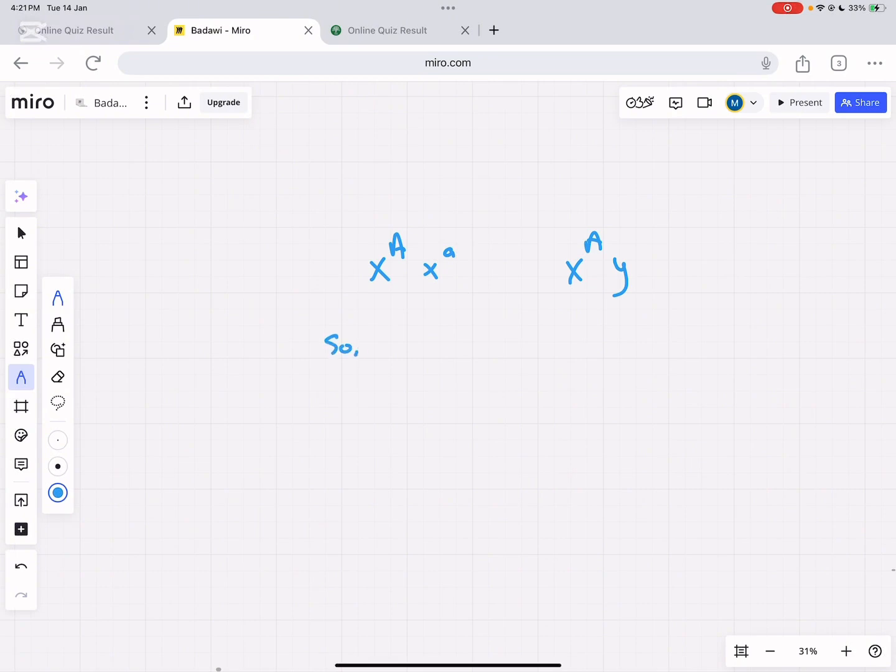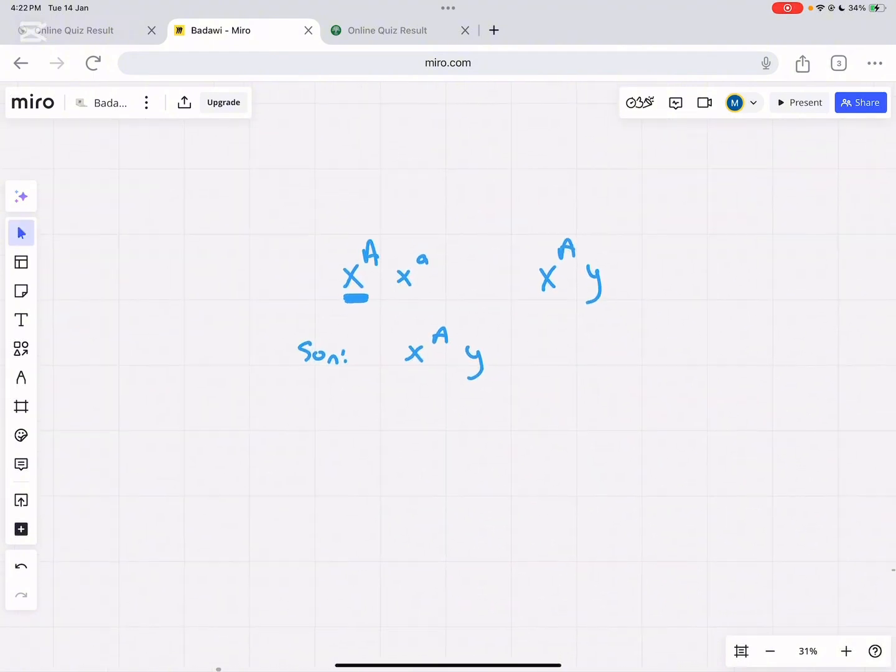Now, if they have a son, he's going to get the Y from his father. There's a chance he gets the good allele from his mother, but there's also a chance he gets the recessive allele from his mother, and here he will be affected. So this shows us that a son can be affected even if his parents have normal phenotypes.